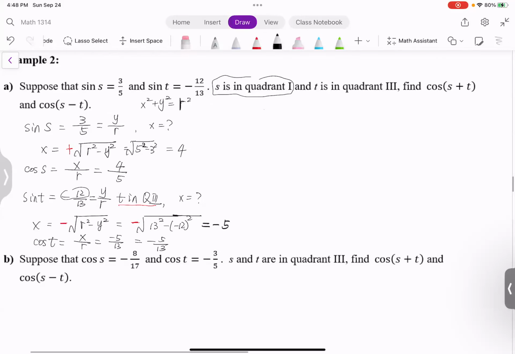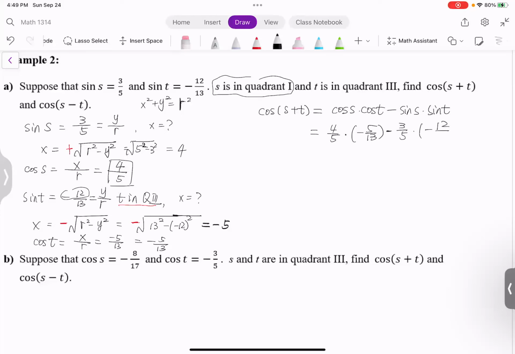Now let's find cosine of s plus t. Cosine of s plus t is cosine s times cosine t minus sine s times sine t. Cosine s is 4/5, which you need to find from the question, and we found it here. Cosine t is negative 5/13, minus sine s, 3/5, times sine t, negative 12/13.